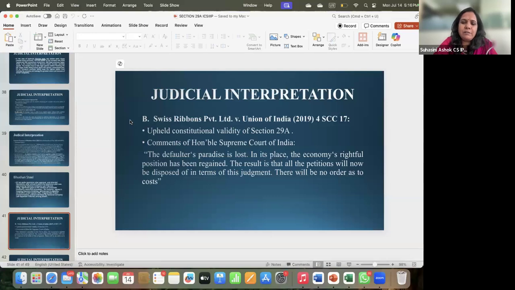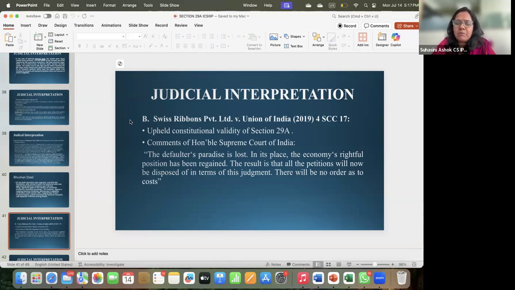So here, Supreme Court has upheld the constitutional validity of Section 29A, saying that the defaulter's paradise is lost by promulgating the IBC code. Now it is in place and the economy's rightful position has been regained.